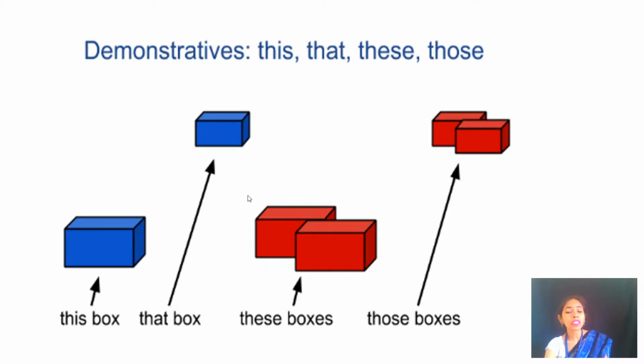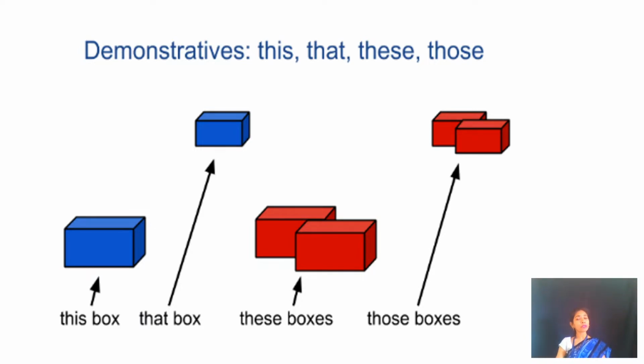Now see the other one, the red boxes. Can you see how many boxes are there now? They are more than one. That is in plural form. Two boxes, right? And when the arrow is small, it means that the box is kept near. It's close to the arrow. So, it means that वो पास में है.